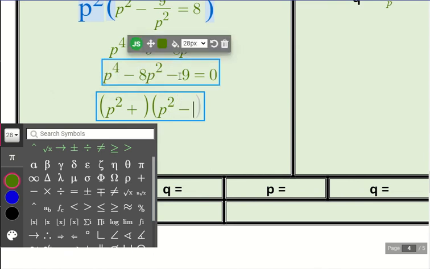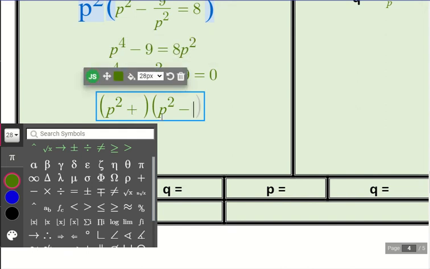And I know I have a 9 over here, so I know that my signs are different. So it's plus, minus. Now I think of factors of 9 that add up to negative 8. Since the signs are different, I know that the negative is bigger.